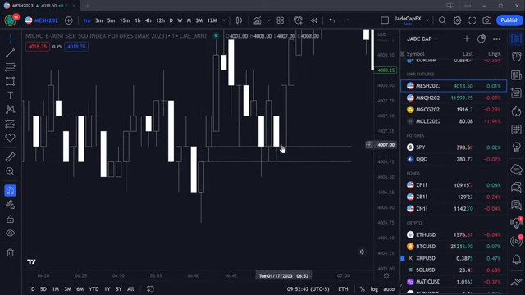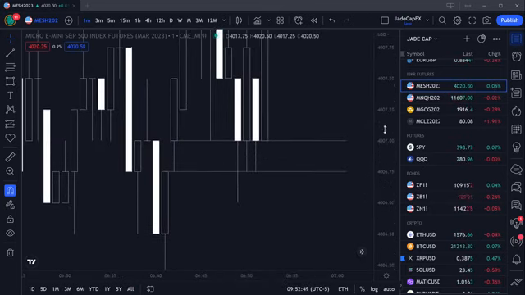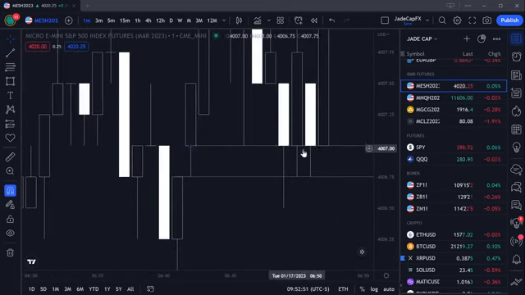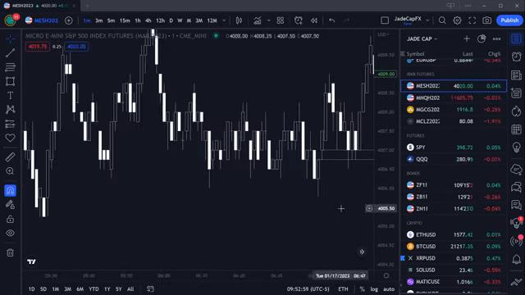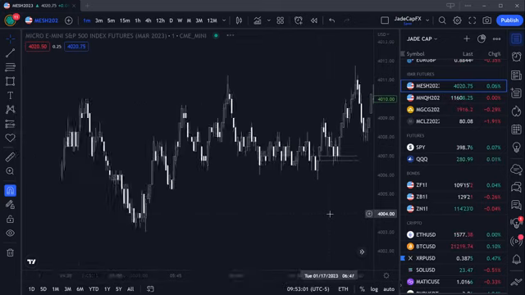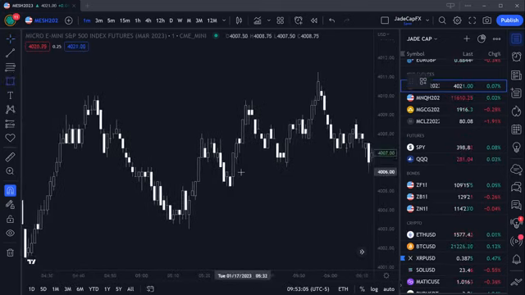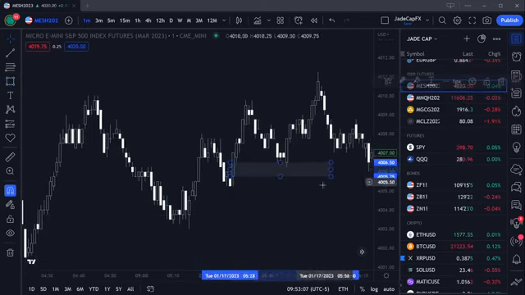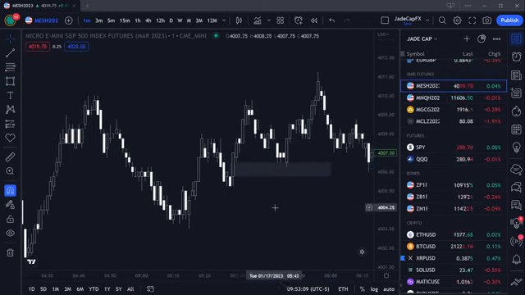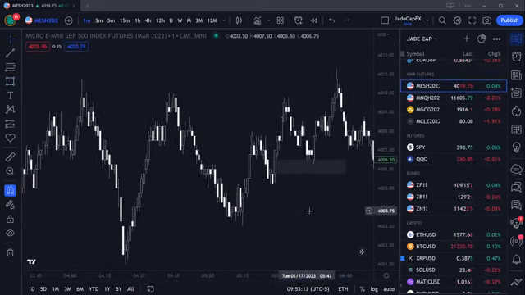Boom, boom, boom, boom. This is the close, this is the open, this is the close, this is the open. Have any of those prices violated even halfway into this volume imbalance? That, sir, is how a market works. On a 1-minute basis. We can do this on a weekly, we could do this on a monthly, we could do this on a yearly, whatever.